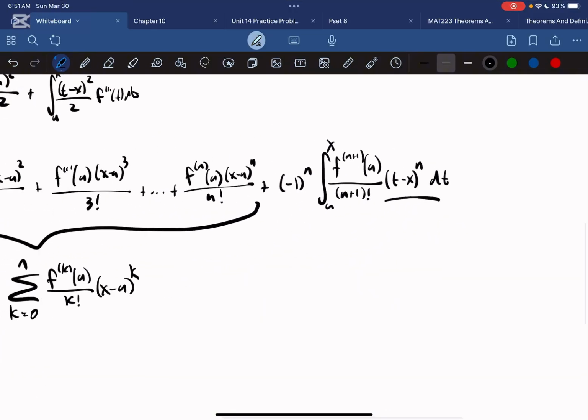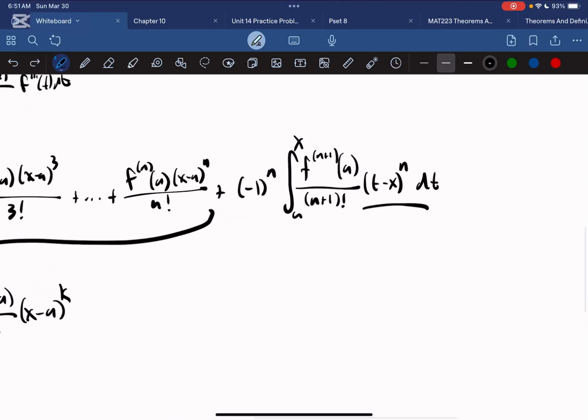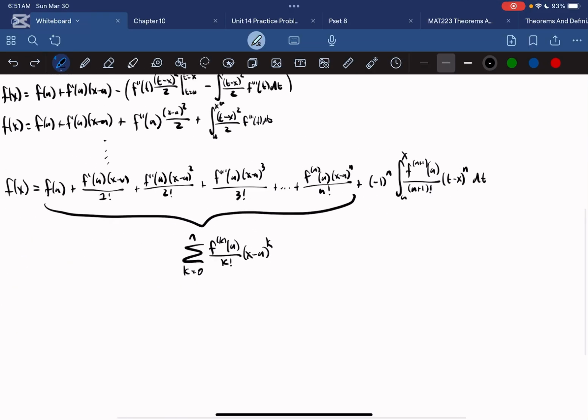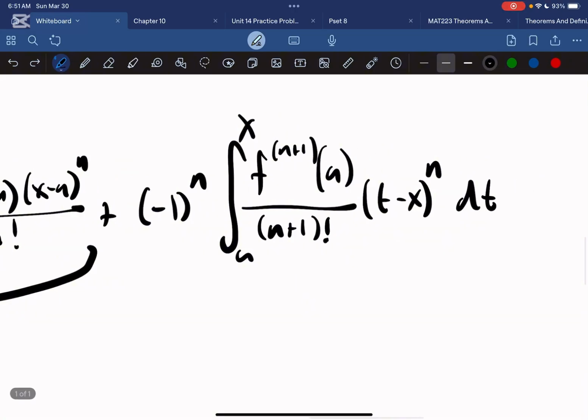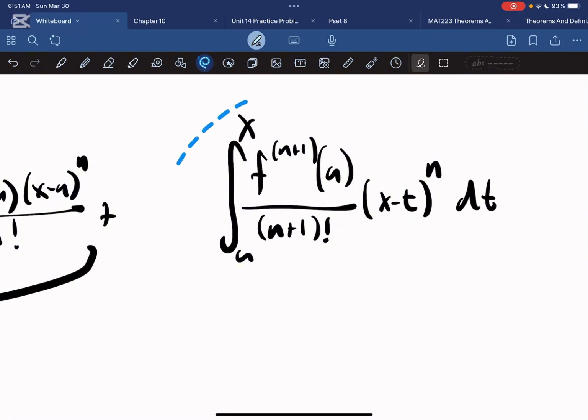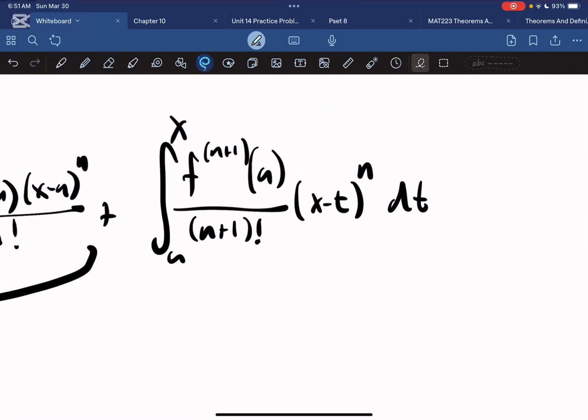Sorry, I miswrote it, because we're still integrating, right? And what we can do here actually is factor in the negative 1 to the n into here, right? So now we can flip the sign of these two. So now we end up with just that. Okay, that should make sense.